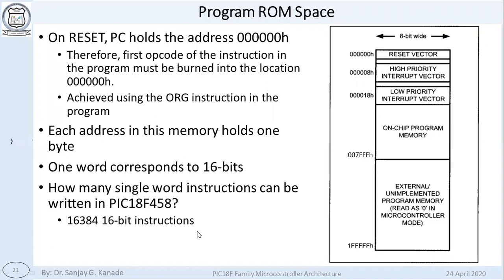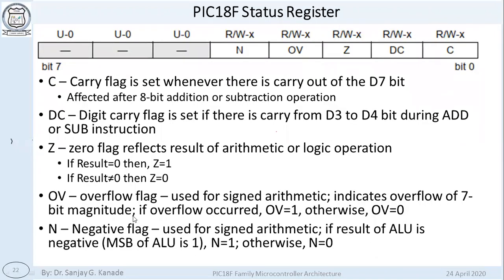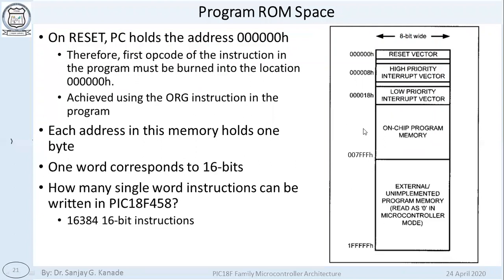You can send your answers on our WhatsApp group. These are the maximum number of instructions that we can write inside the PIC18F. We have memory up to this much, and in this memory space we can write only up to these instructions. How, you have to explain.